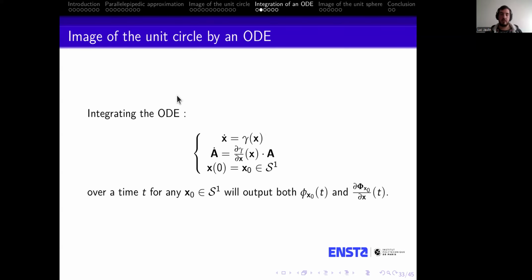And to do this integration, as we want to have guaranteed results, I will be using the CAPD library for guaranteed integration.